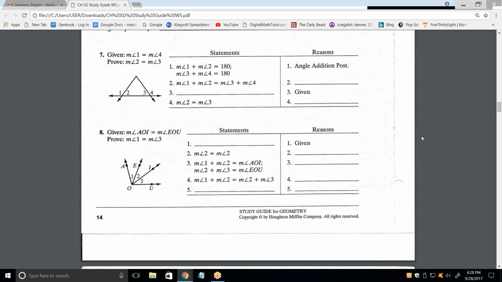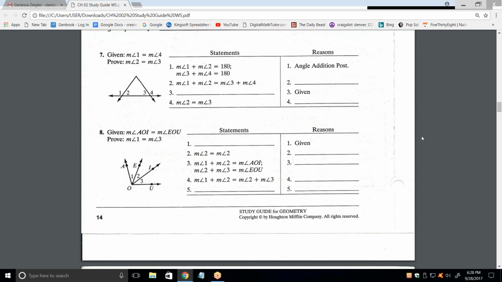So the measurement for number 2, let's do it out of order. The measurement for 1 plus 2 equals the measurement of 3 plus 4. What reason is that? Angle addition? No. Substitution? I think that's the transitive.